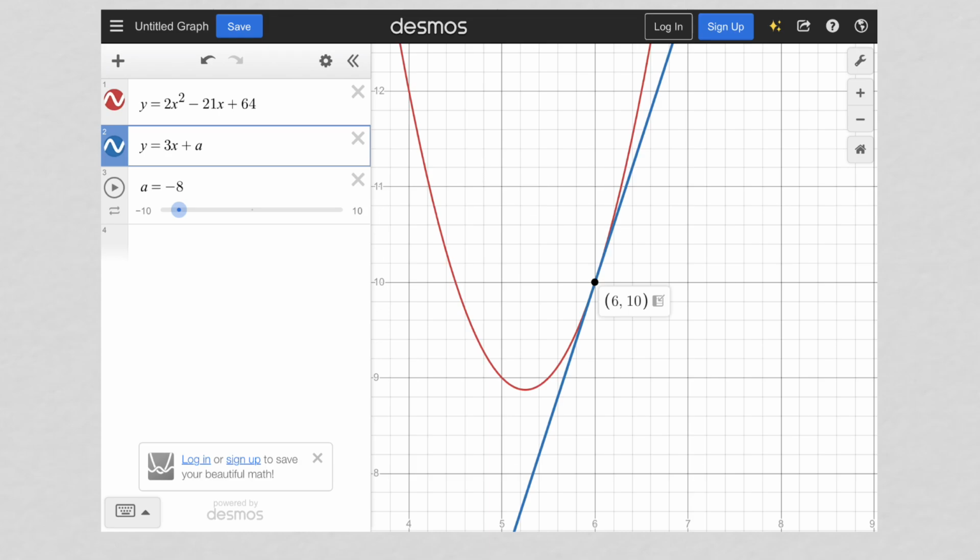That happens when A is equal to -8. Now, when that happens, the point of intersection is at 6, 10. Meaning at that point of intersection, X is equal to 6 and Y is equal to 10.